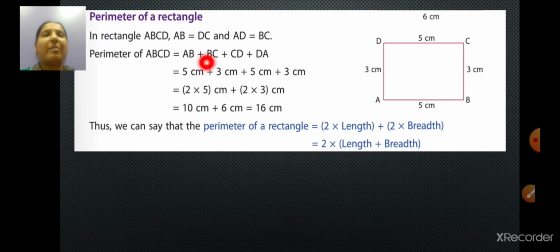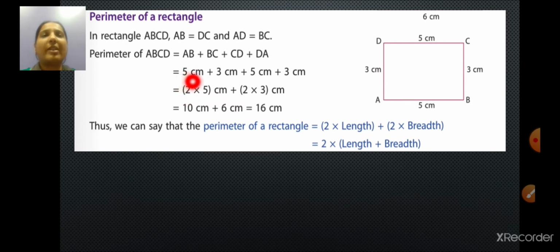So to find the perimeter of this ABCD, we will add all the sides, means this AB plus BC plus CD plus DA. This has been written here. So the measure of AB is 5. The measure of BC is 3 centimeter. That we will write here. The measure of CD is 5 centimeter and DA is 3 centimeter.